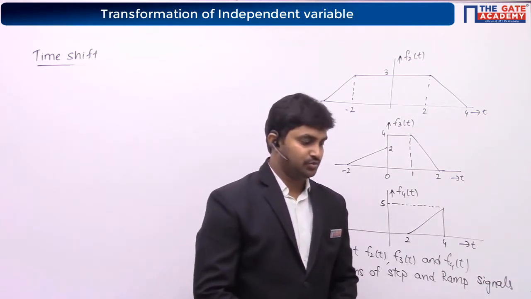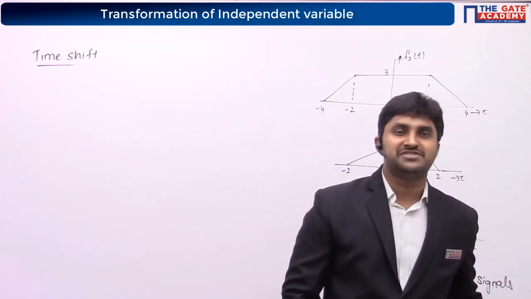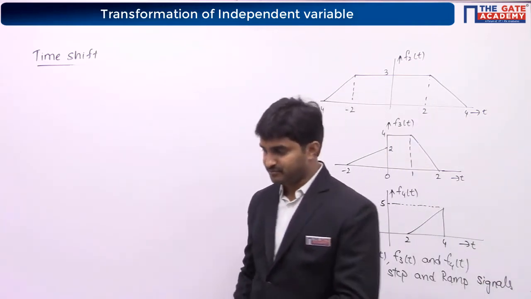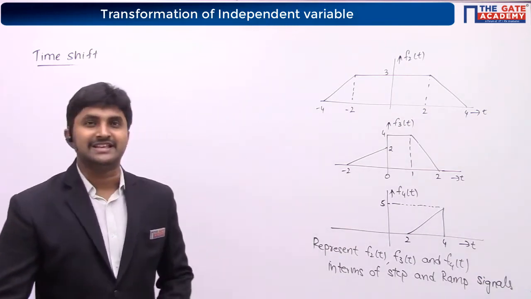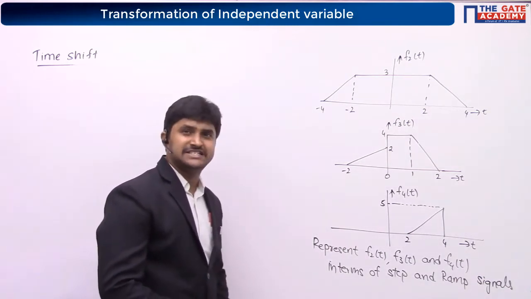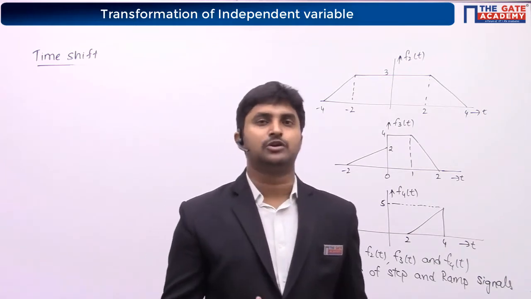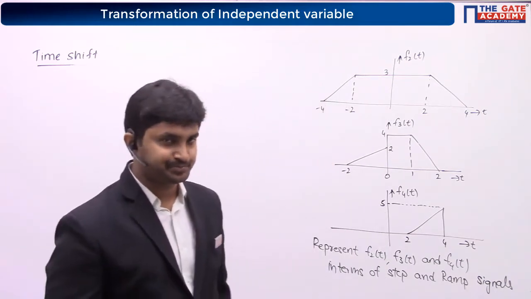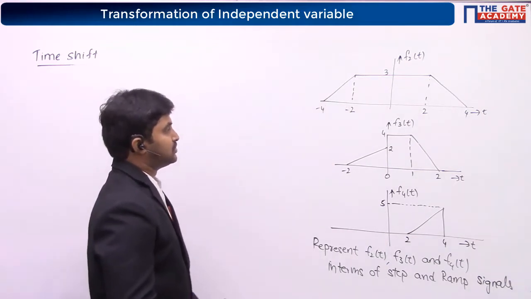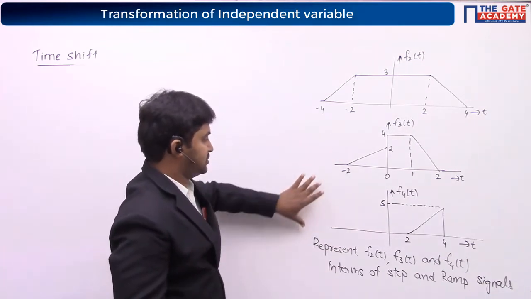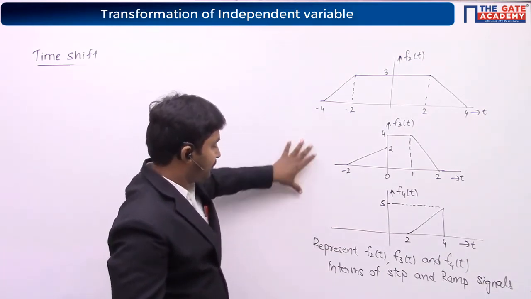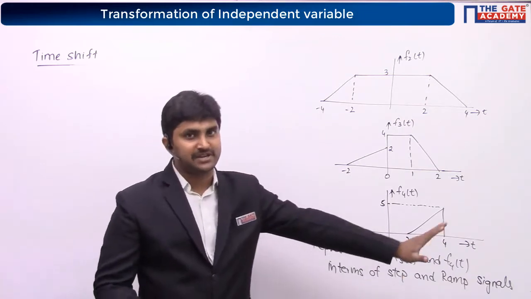We are trying to represent the signals in terms of step and ramp signals, right? We have covered examples on how to represent a signal in terms of step and also in terms of ramp. Now we have 3 signals. Again here we can represent the signals in terms of steps and ramps.